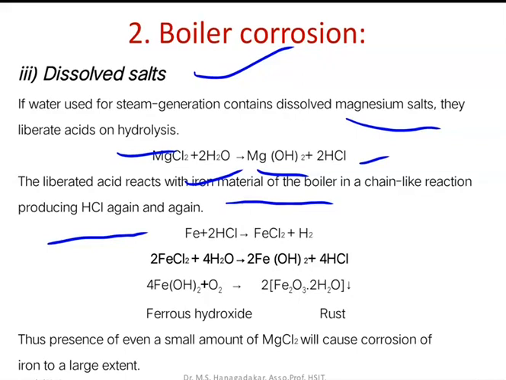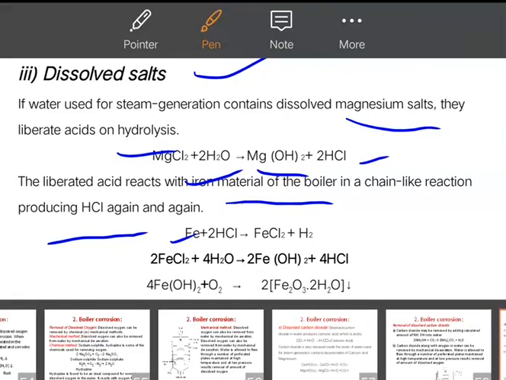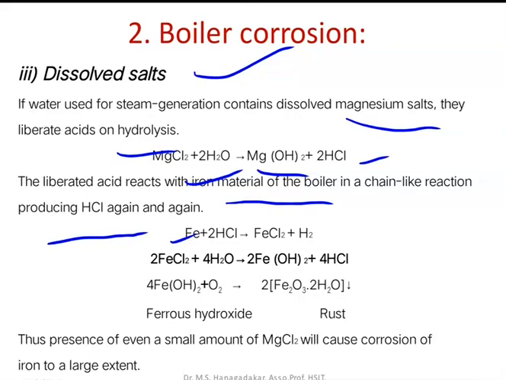Let us discuss how this chemical process takes place with the boiler material. If the water fed into the boiler contains dissolved salts, then when iron comes in contact with the HCl released by the dissolved salts, iron is converted to ferrous chloride with the liberation of hydrogen gas.